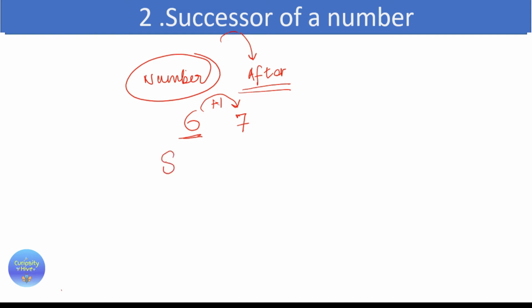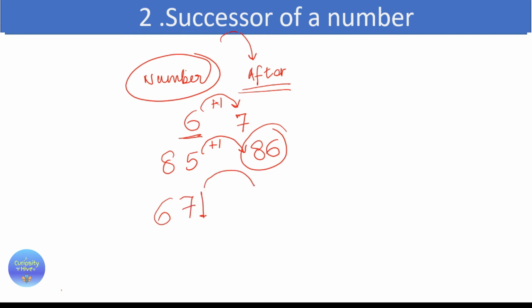Similarly, what is the successor of 85? Well, the number after 85. So we generally consider the whole numbers. So the number after 85, which you can obtain by adding 1, that is 86, is the successor of 85. Let's see what is the successor of 671.